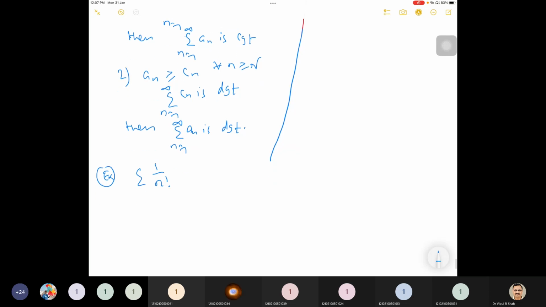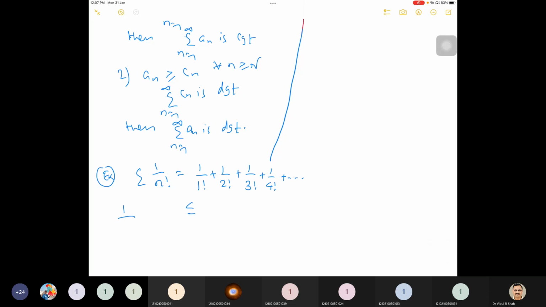Now, can you say like this? So this series is 1 upon 1 factorial plus 1 upon 2 factorial plus 1 upon 3 factorial plus 1 upon 4 factorial and so on. Can you write this? Like all the terms here is 1.